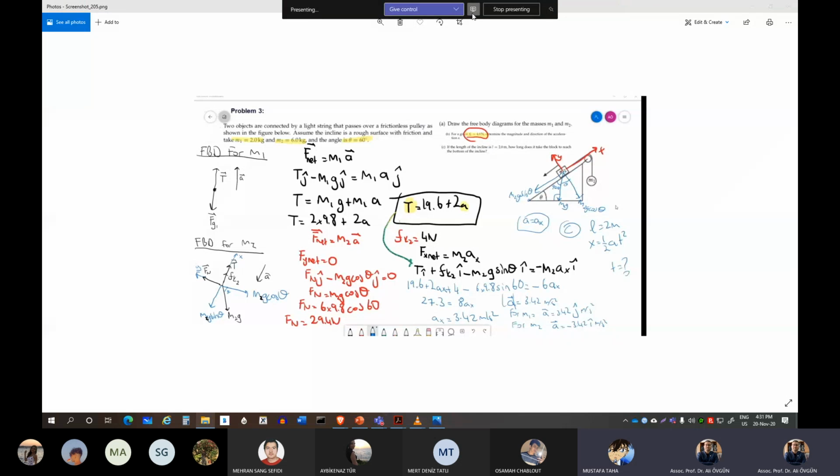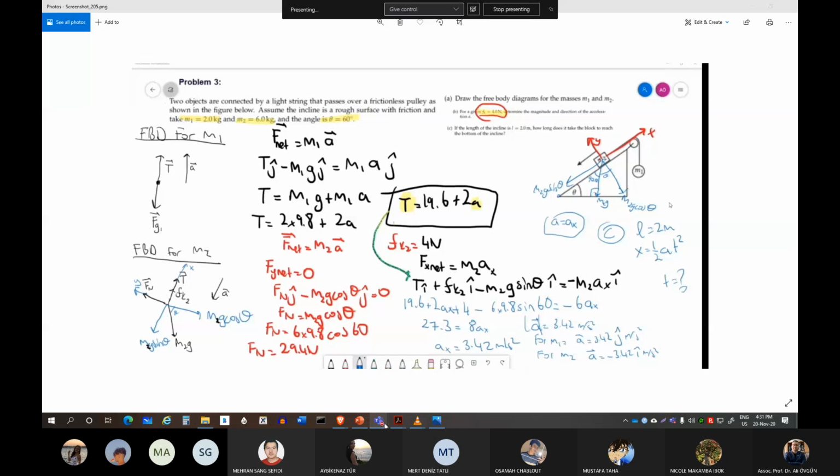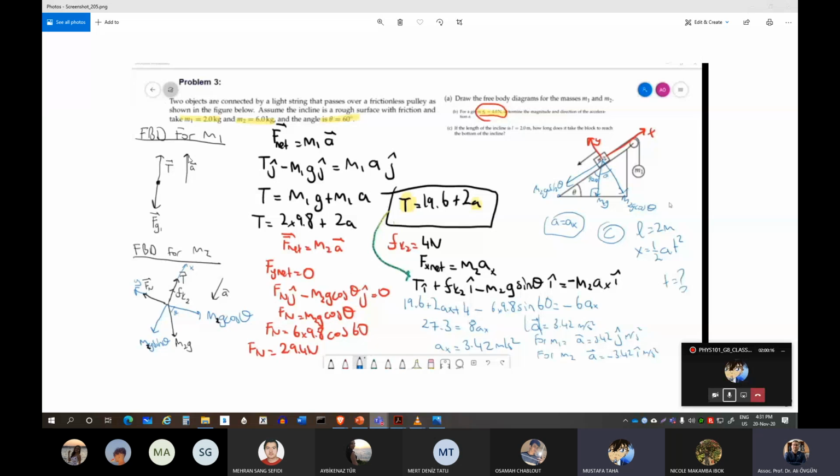Yes, here the sketch on the left. For M2, if you look at the free body diagram, what we said is that F normal is always directly opposite to the touching surface.